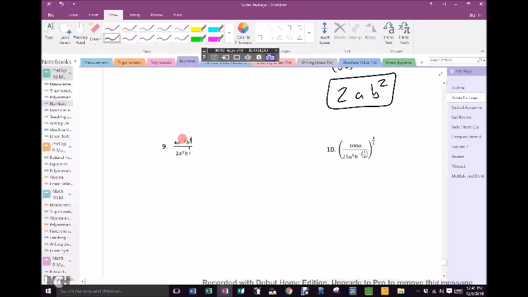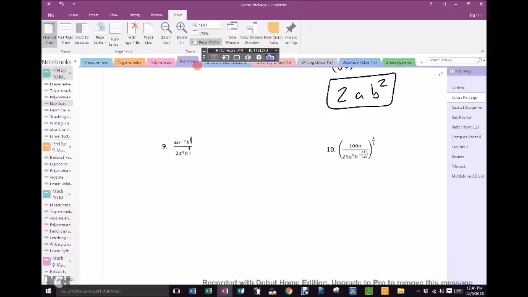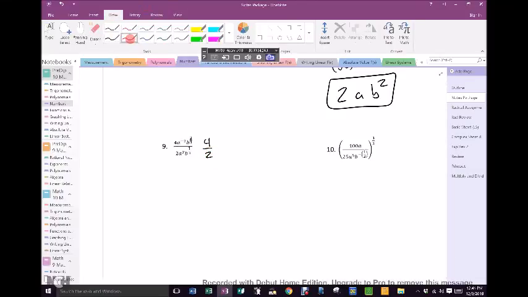Okay. Yuck. What do you remember from grade 9? Numbers go with numbers, letters go with letters, yes? So this is really 4 over 2, a to the negative 2 over a squared, and b to the 2/3 over b to the 1/3, correct? Okay, what's 4 divided by 2? 2.